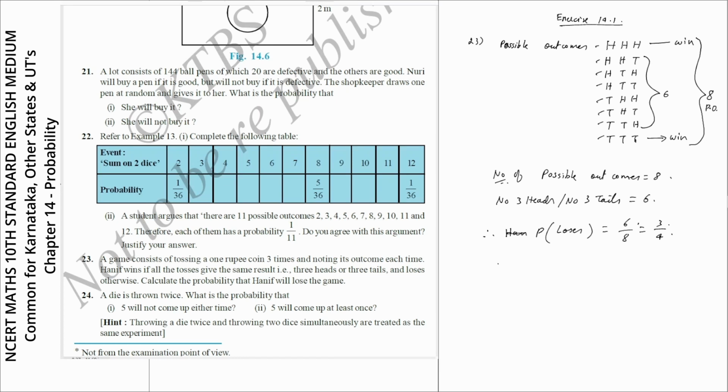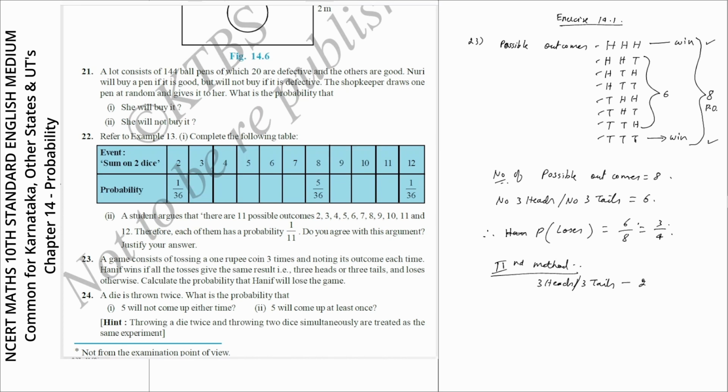This question can be solved in another method also. I'll show you. Here we'll calculate the probability that Hanif will win. How many 3 heads or 3 tails are there? There are 2. In the first you can see there are 3 heads, and in the last you can see there are 3 tails.